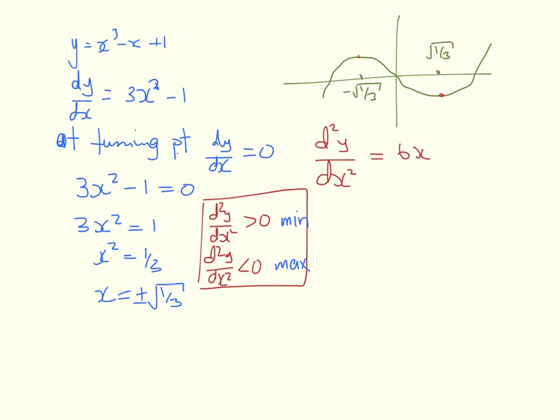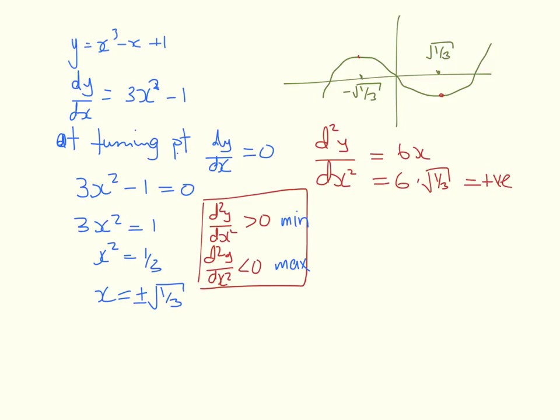Now I don't need to really work this out because it's a very easy job. The minute I put in this root a third there, I will now have 6 times the square root of a third, which will give me a positive answer. Easy job. I don't need to work out the answer. I just need to know if it's positive or negative.